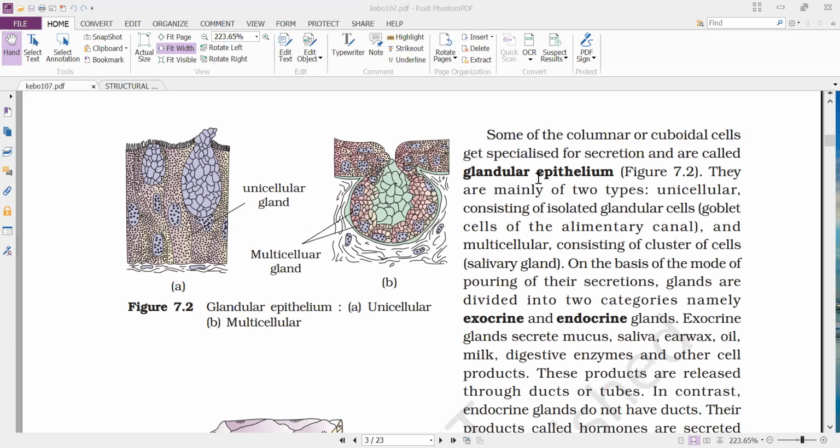And the second one is the simple cuboidal epithelium. In this, the cells are cube-like, and usually they are present lining the ducts of the glands.